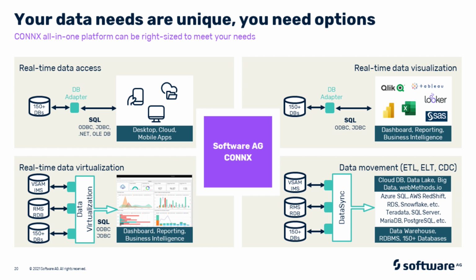This real-time access supports standard connectivity mechanisms, things like ODBC, JDBC, OLEDB, and .NET, and allows multiple devices, whether it be a desktop, a cloud, or a mobile app, to connect to a data source on a back end on a mainframe. In fact, we support over 150 different databases on a variety of different platforms.